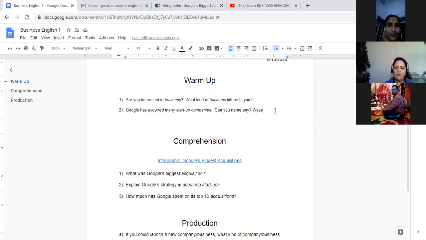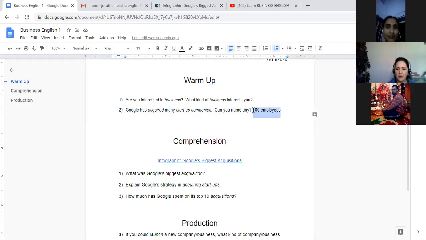So this is the name of a company. One other company that Google has acquired is YouTube. When Google acquired YouTube, YouTube was a small company with less than 100 employees. It had less than 100 employees when it was acquired by Google.